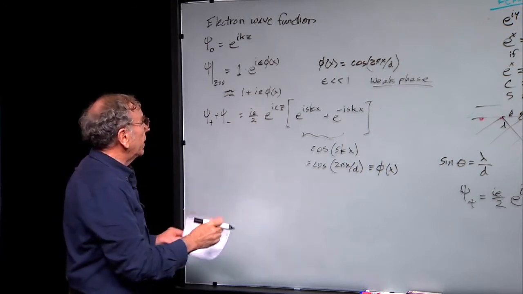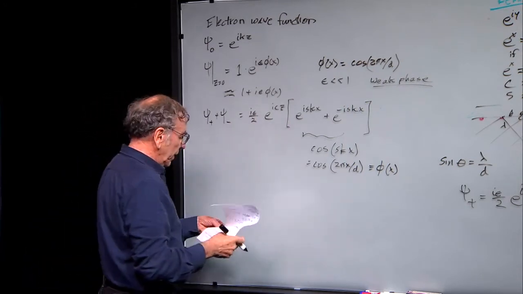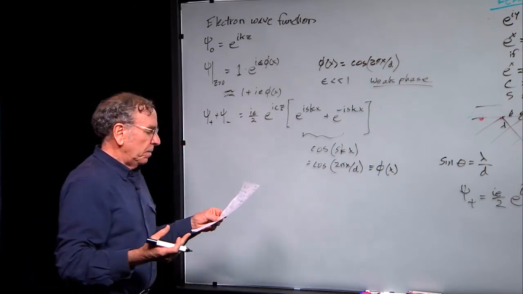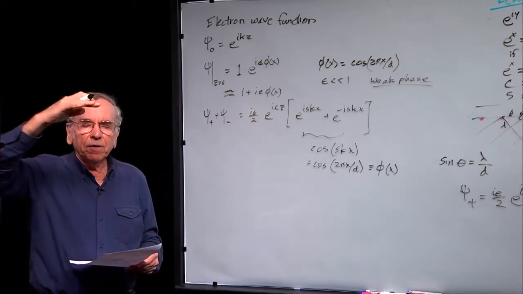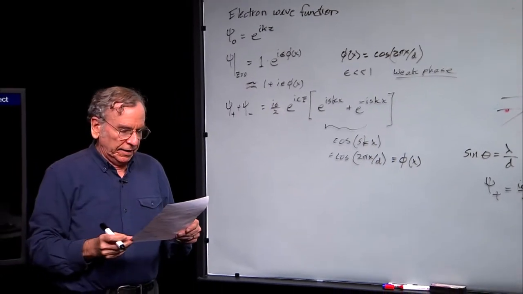Okay, so now we can put in the undiffracted wave, and we can write down the entire wave function for the electrons that are propagating below the specimen.